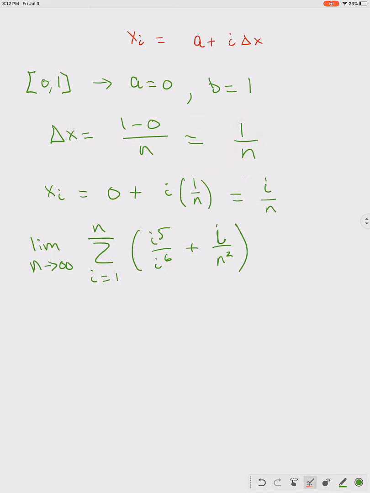So I can get a delta x here by factoring out a 1 over n, and I haven't changed anything algebraically.